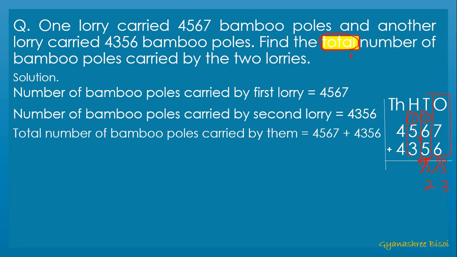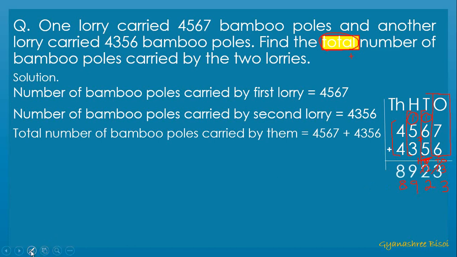Now look at the digits that are below hundreds place. 1 plus 5, that is 6. 6 plus 3, that is 9. So I will write 9 below hundreds place. Now go to the thousands place. At thousands place I have 4 plus 4. 4 plus 4 equals 8. Correct?